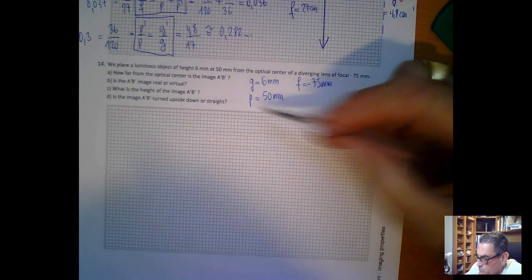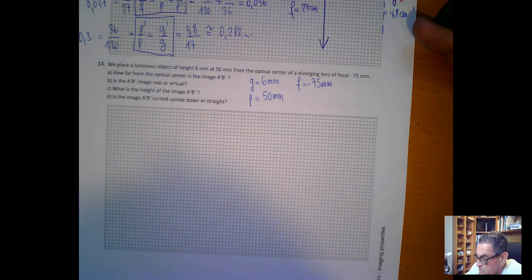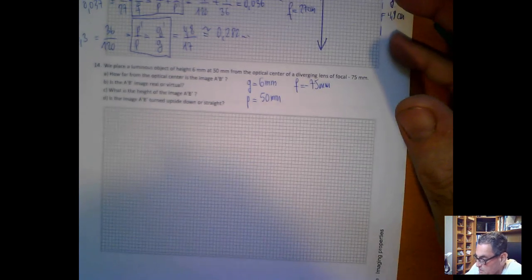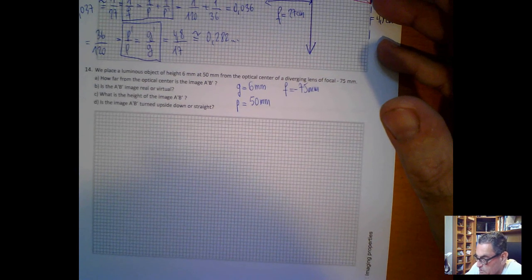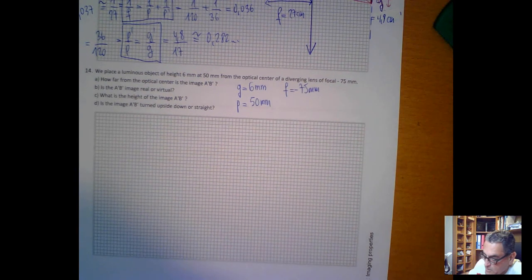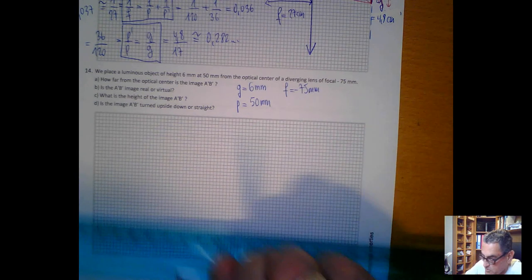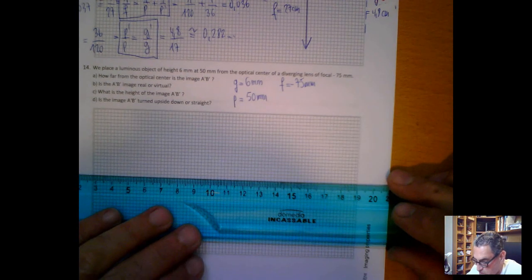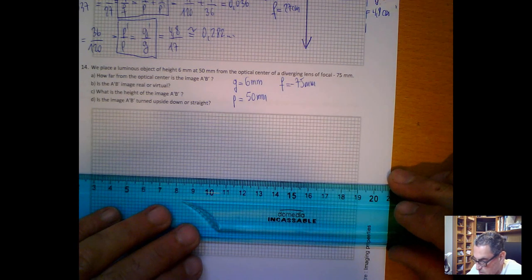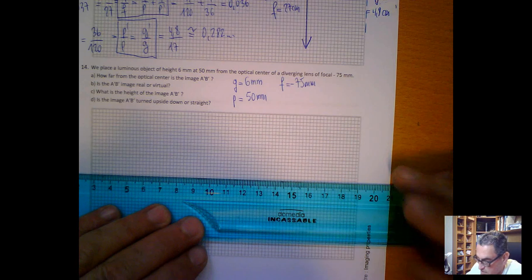Okay, so this is wonderful because we can use just the original dimensions. I guess we don't need to scale that down, and so now I can draw my optical axis.